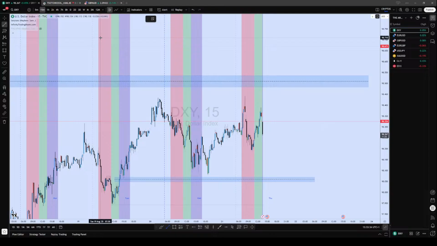And why? Because we are framing our direction based on the higher time frame, and the higher time frame is suggesting higher prices. So anything dropping is a manipulation to go up. Okay, all right, so with that said, gold is the buy.